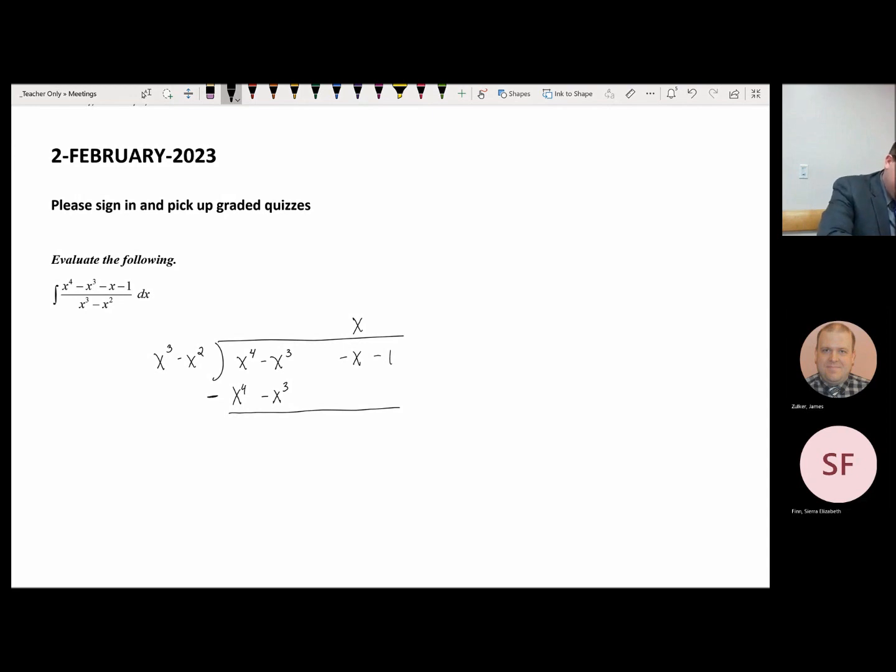Oh, look at that. That's going to be nice. So what comes down is just negative x minus 1. That has a smaller degree, so that's our remainder.